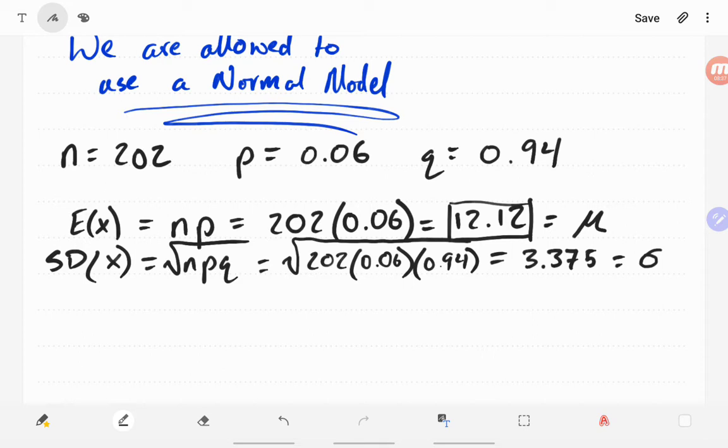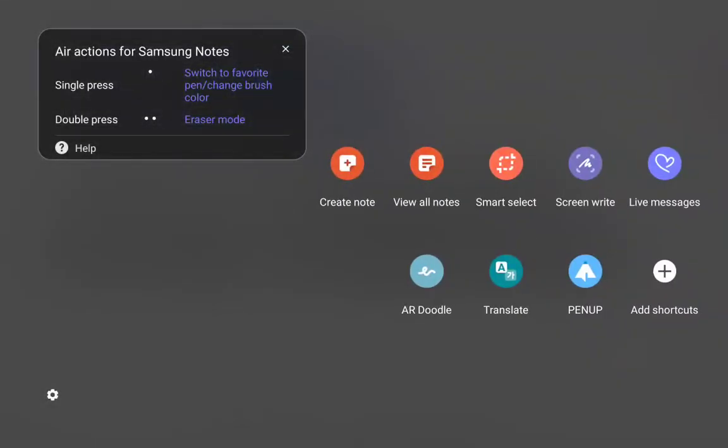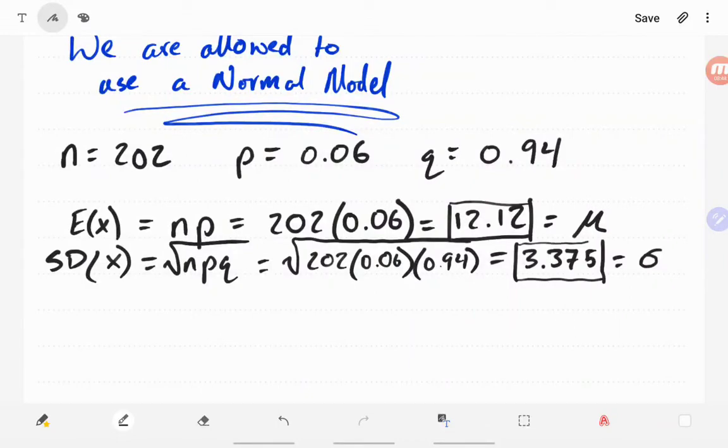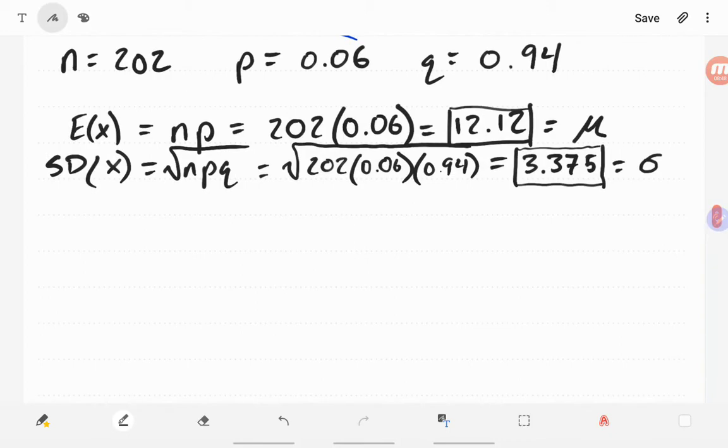Now, if we wanted to, we could go ahead and standardize this for whenever we write out our normal model. I'm okay if you guys standardize it, meaning you just treat your mean as 0 and your standard deviation as 1, and you find the z-score for the value that we found.